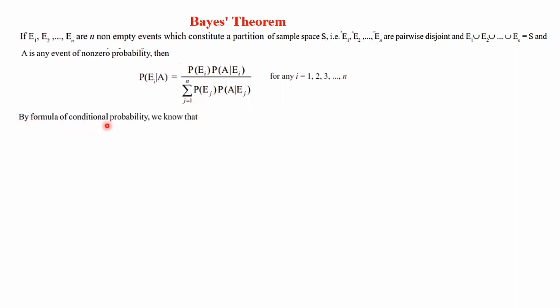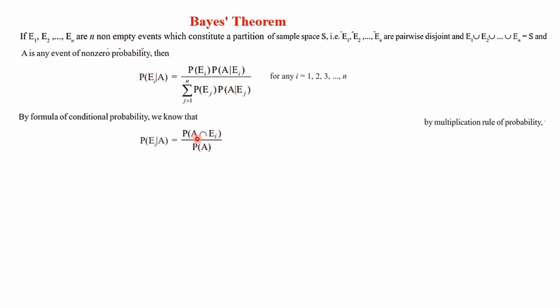By the formula of conditional probability, we can write P of Ei given A as P of A intersection Ei divided by P of A. Conditional probability we have learned: P of A given B is equal to P of A intersection B divided by P of B. So by using that we have written the formula.